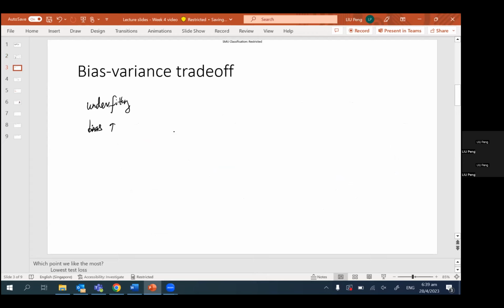Underfitting means that the model is very simple, and that leads to a very high bias and a very low variance. Because it's very simple, it does not change too much once we change the input x. It's not so sensitive because it's just as simple as a straight line.